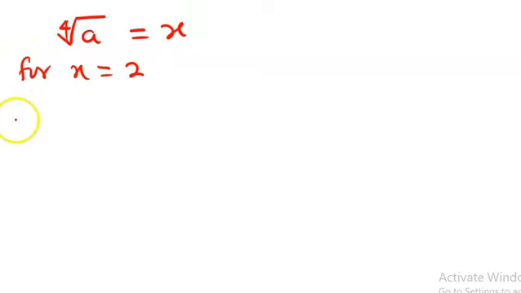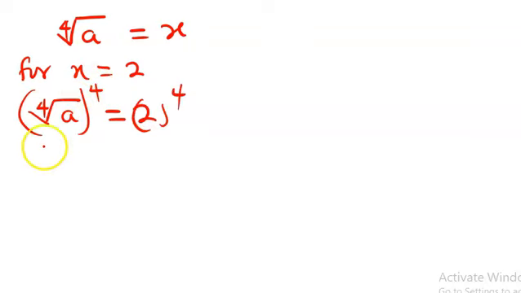Now we were asked to find a. We said that the fourth root of a is equal to x. So for x is equal to 2, we have the fourth root of a is equal to 2. Now to find a, we raise both sides to the power 4. And when we do that, we have a is equal to 16.